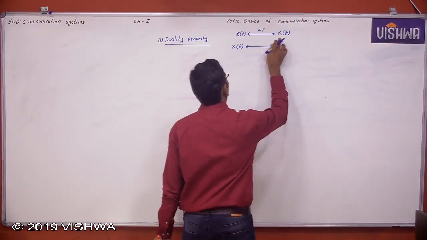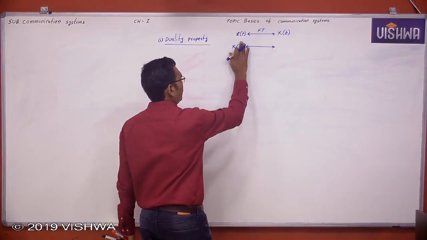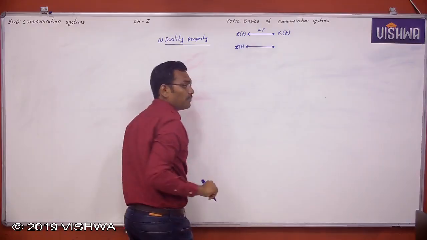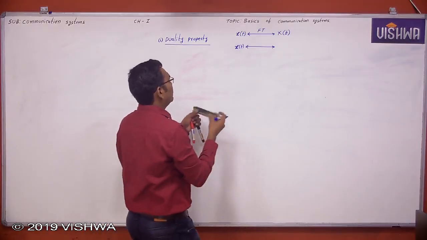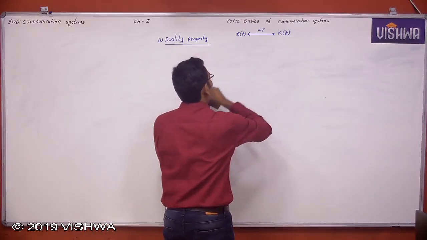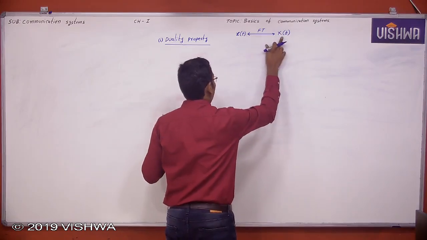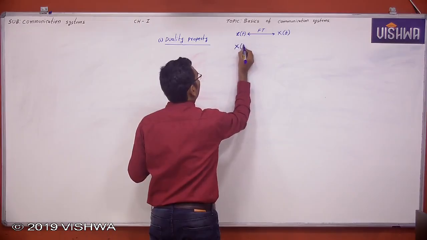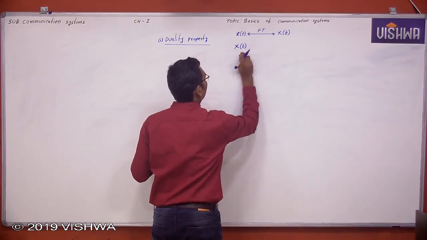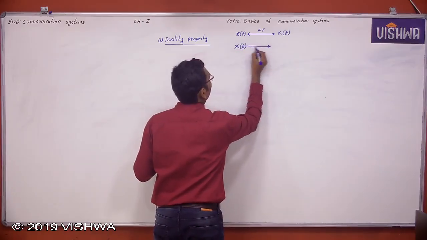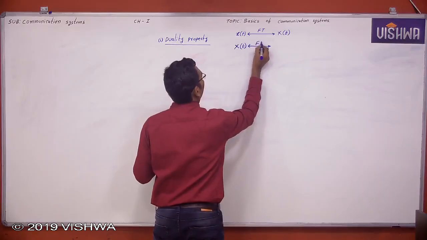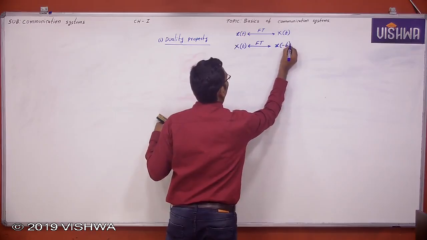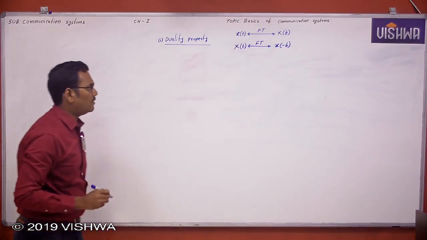Now not inverse Fourier transform. Inverse Fourier transform is small x of t from capital X of f. But what I am doing now, this is x of t whose Fourier transform is capital X of f. Now I want to take capital X of t, means the signal variation in time. Now whose Fourier transform is definitely the frequency variation. This is nothing but small x of minus f.